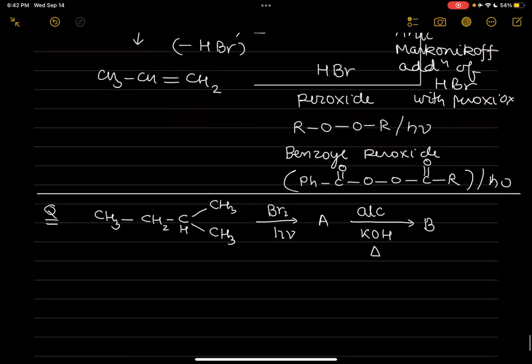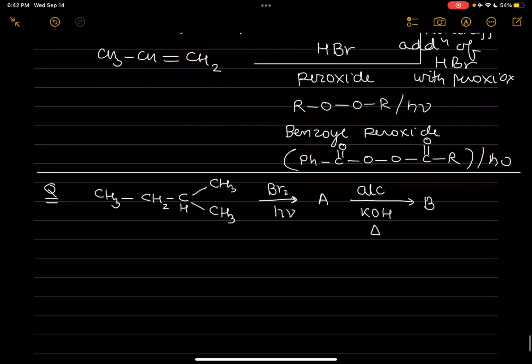In the presence of light, bromination always occurs on tertiary, benzylic, secondary, and primary. Just write it. This is photohalogenation. This we did long back initially.